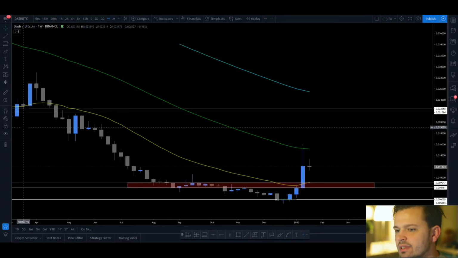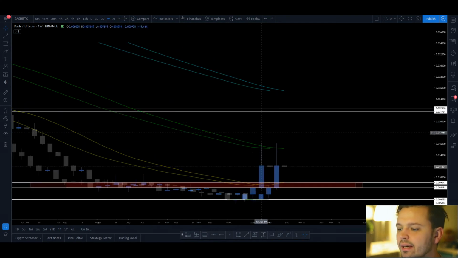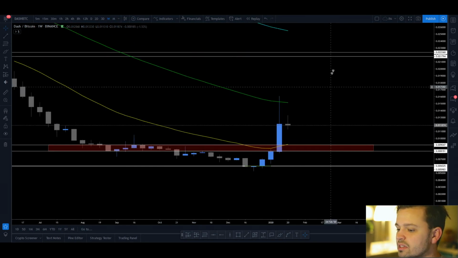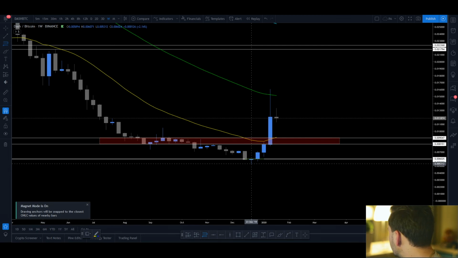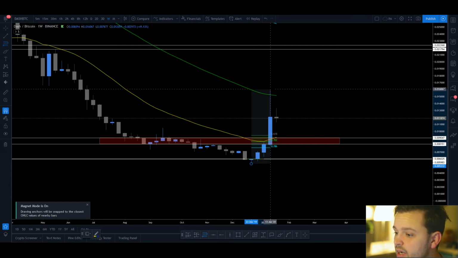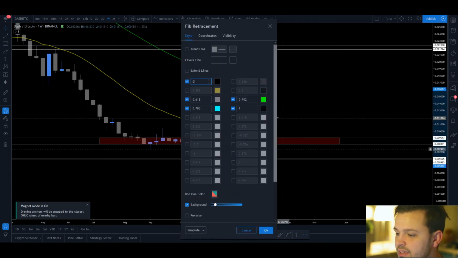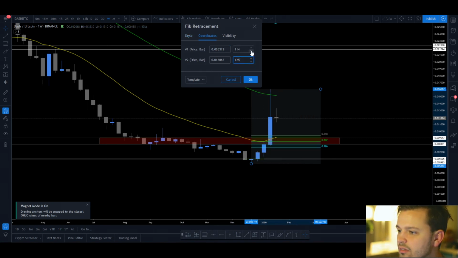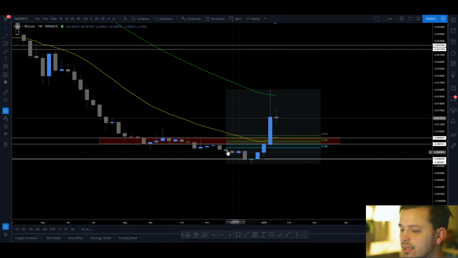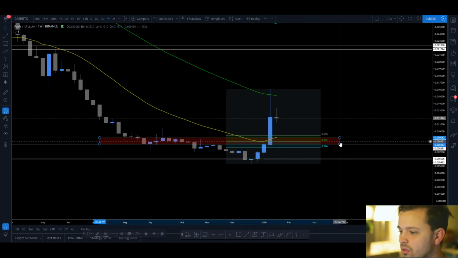Next up is Dash BTC, and this is actually pretty interesting because if you take the RLC, measure it from the low down here to the high up here, you will notice that the midpoint of the RLC comes in right in the middle of this support zone right here.